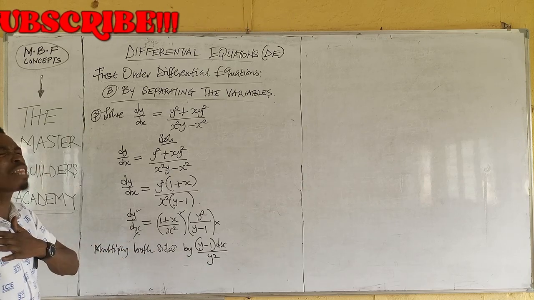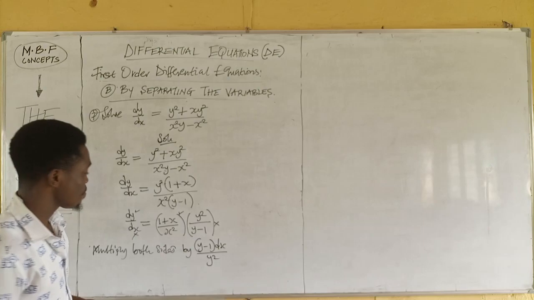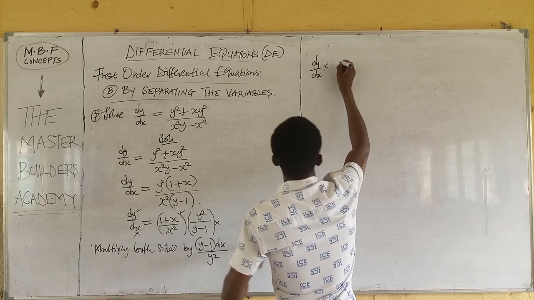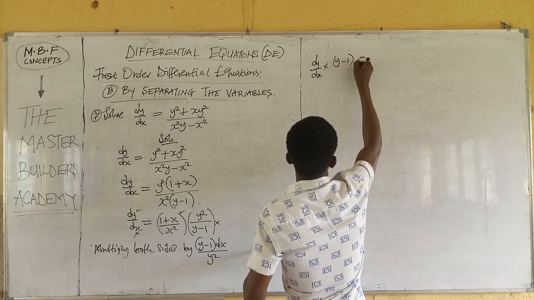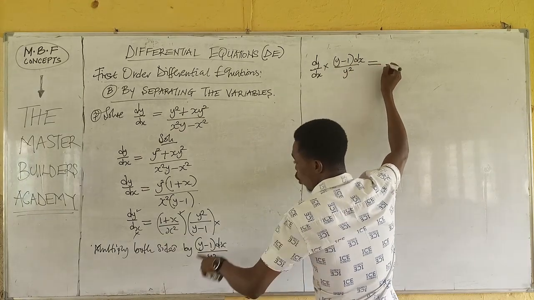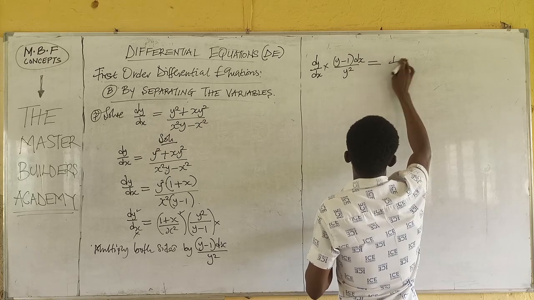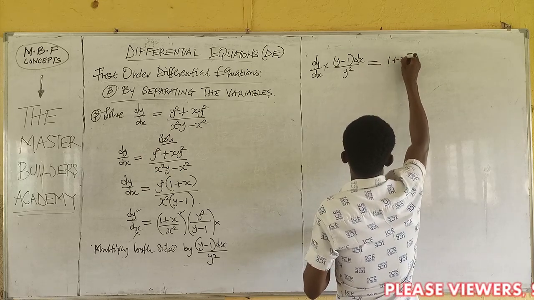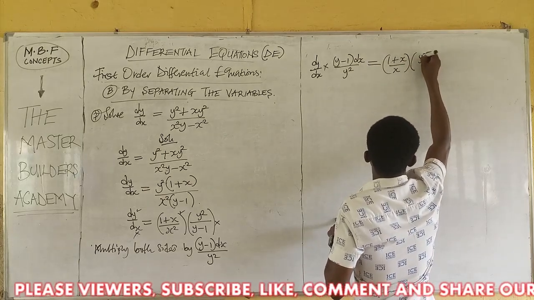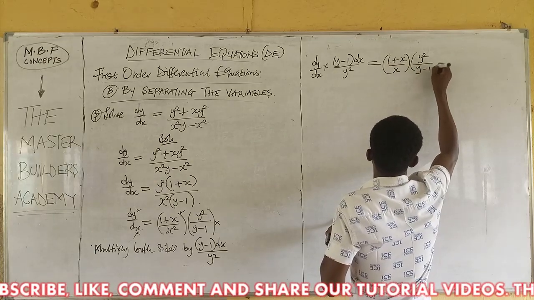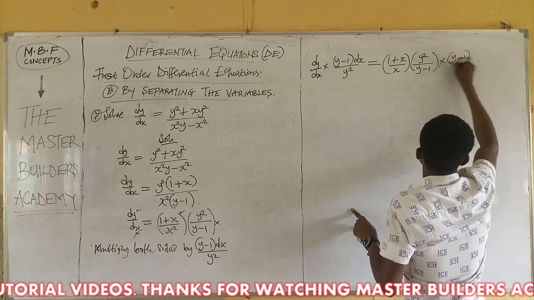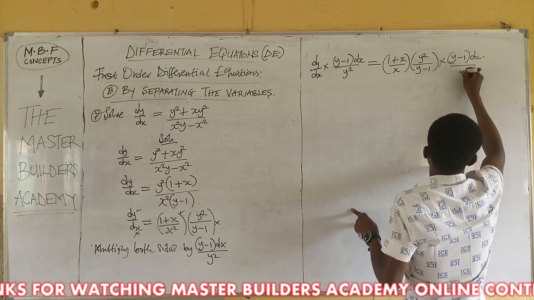You are going to successfully eliminate x from y, which is dy over dx times (y minus 1) dx all over y squared is equal to (1 plus x) over x into y squared over (y minus 1) times (y minus 1) dx over y squared.